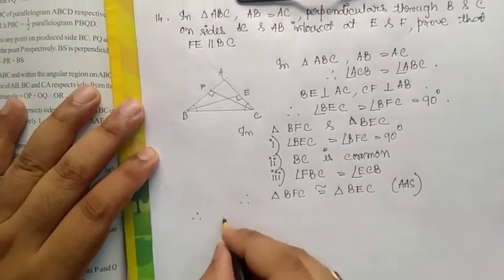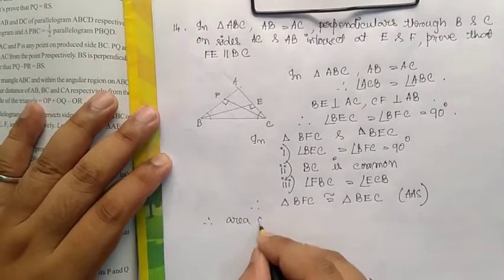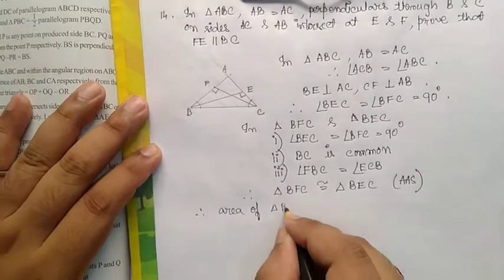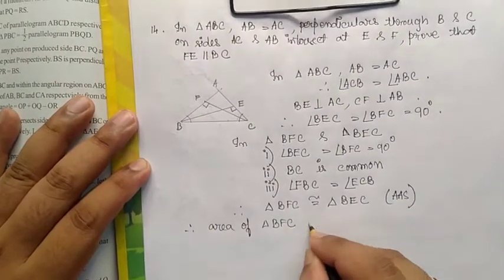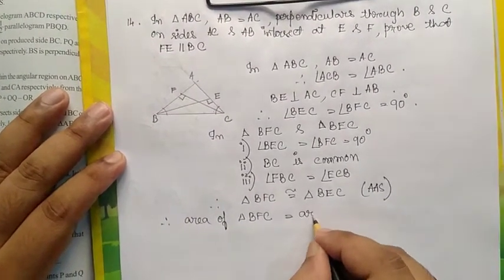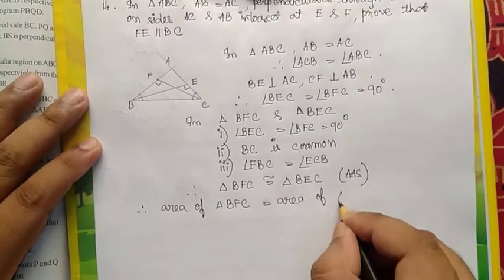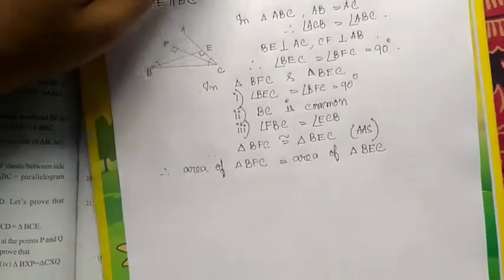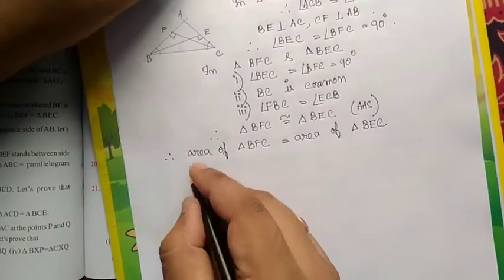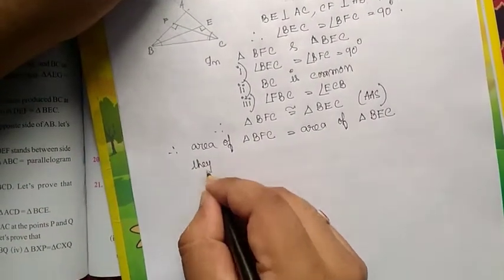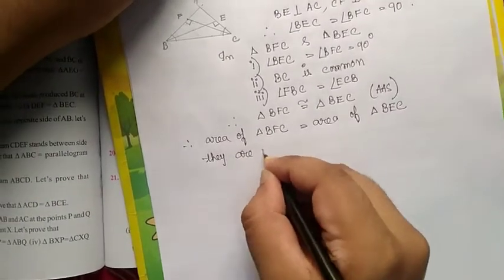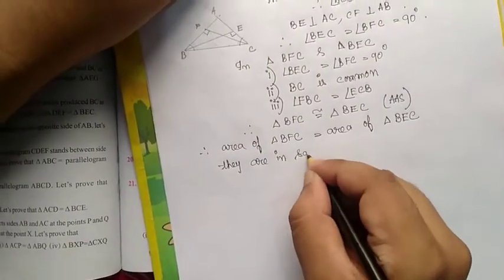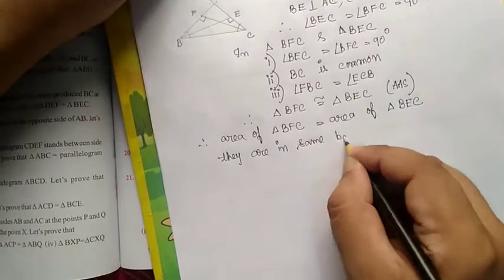So therefore area of triangle BFC equal to area of triangle BEC. So these two triangles' areas are equal, and they are on the same base BC.